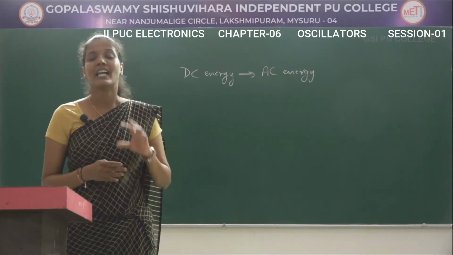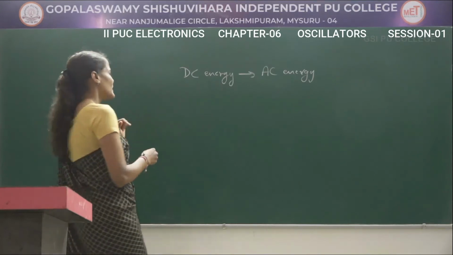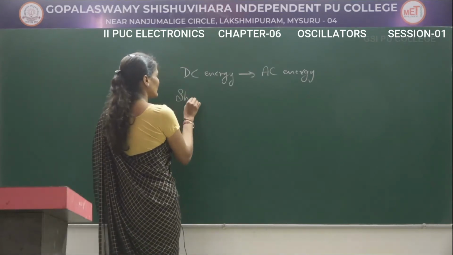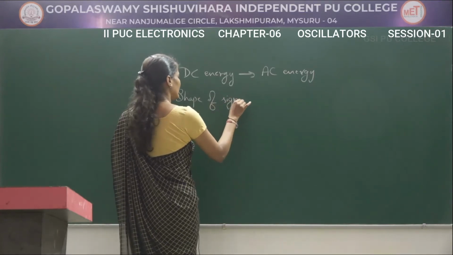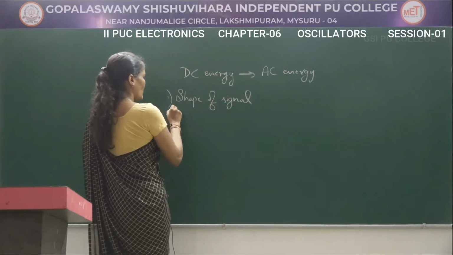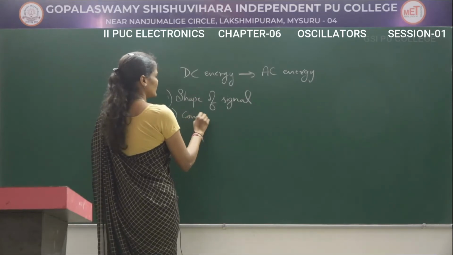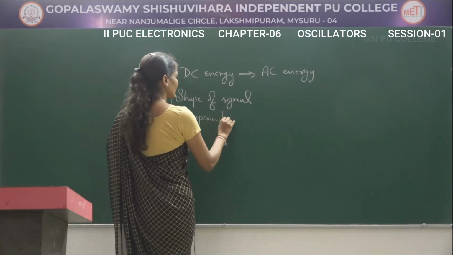And these oscillators are broadly classified into two types based on the shape of the signal being generated and the components used in the feedback network.